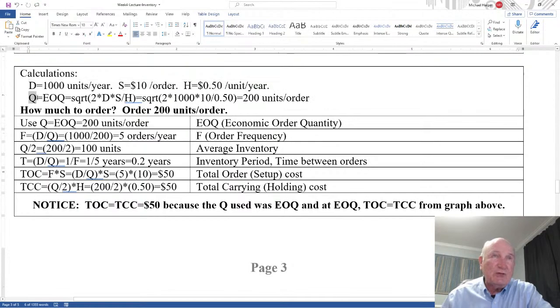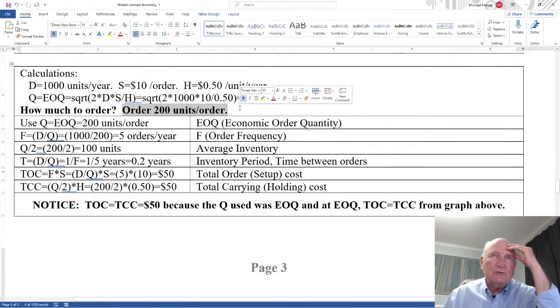My equation for Q, which is EOQ, is the square root of 2 times D, which is 1,000, times S, which is 10, divided by H, which is 0.5, equals 200 units. Okay, how much do I order? That question is answered with Q or EOQ. I order 200 units per order.